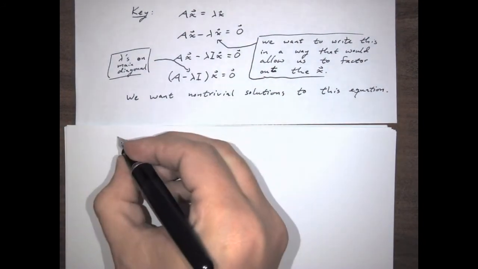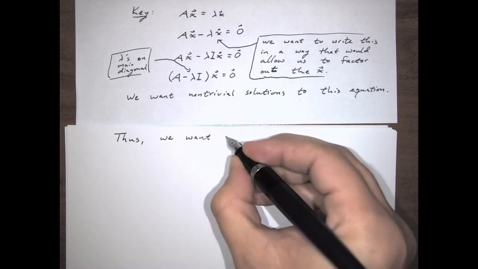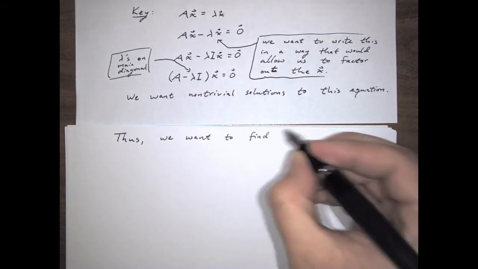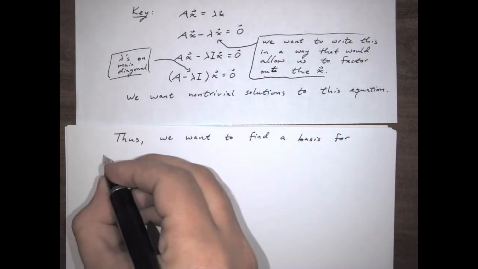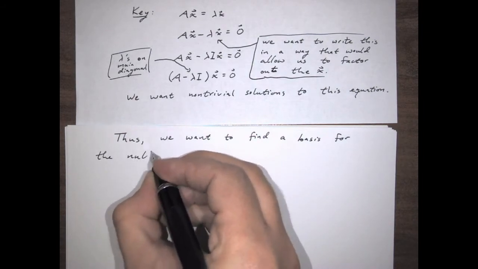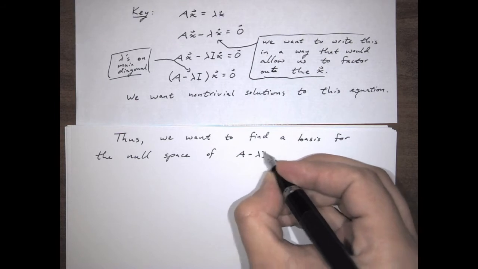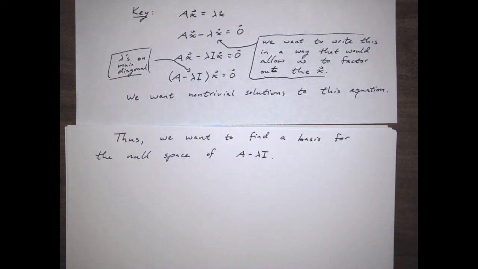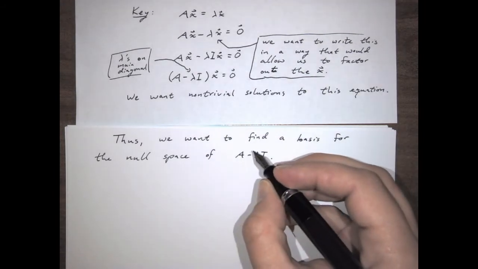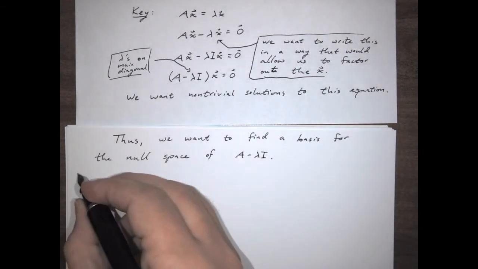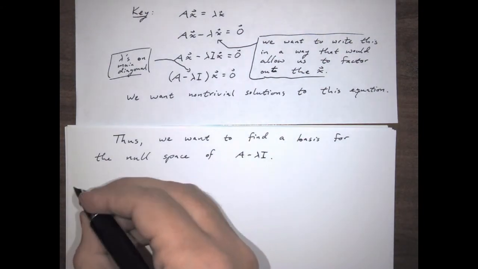So thus, we want to find a basis for the null space of A minus lambda I. In other words, we want vectors that will produce this nullification when multiplied by this matrix, but which are not themselves trivial.